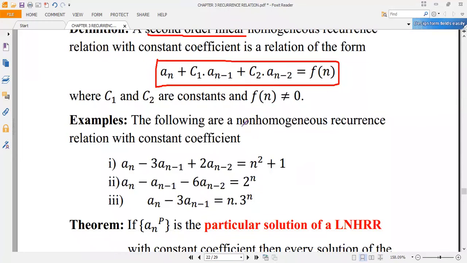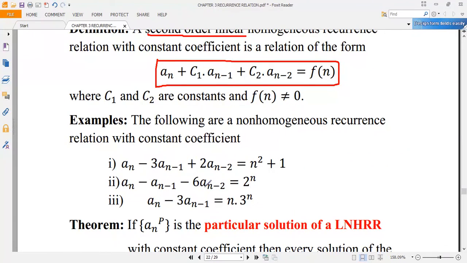Examples of non-homogeneous recurrence relations are a_n minus 3a_{n-1} plus 2a_{n-2} equal to n squared plus 1. You can see that the coefficients are constants and there is no product or power on the terms of the recurrence relation, so it is linear. And since the function f(n) is different from 0, it is non-homogeneous.